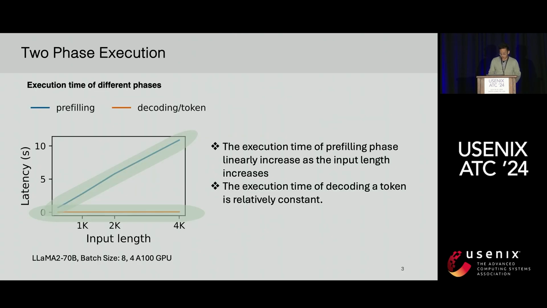If we look at the two phases' characteristics, for the prefilling phase, the execution time increases linearly as the input length increases. But for the decoding phase, the execution time is relatively constant because each iteration only processes a single token.